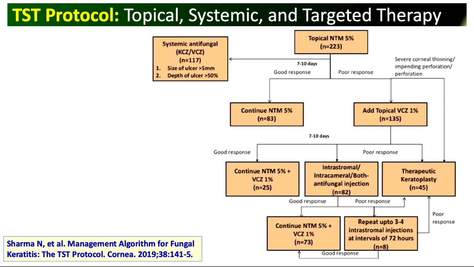She has done a lot of work on this, and she gives an algorithm for how to go about it, beautifully. You start with topical natamycin alone, then add systemic antifungal in cases where the ulcer is more than 5 millimeters and depth is more than 50%. You see the response: for poor response, go this side; for good response, continue treatment.